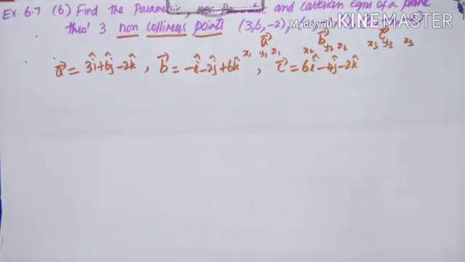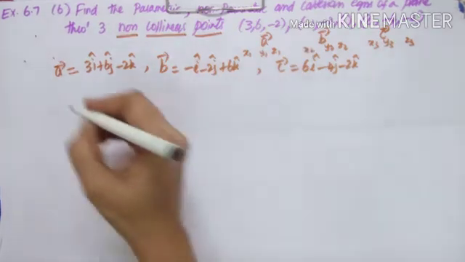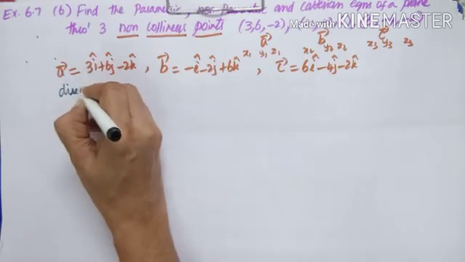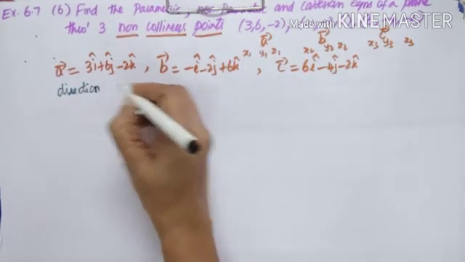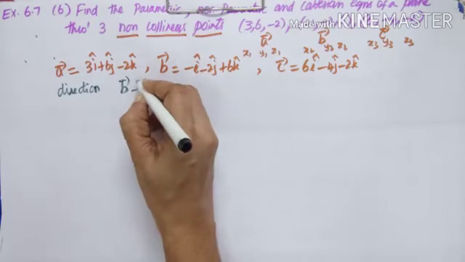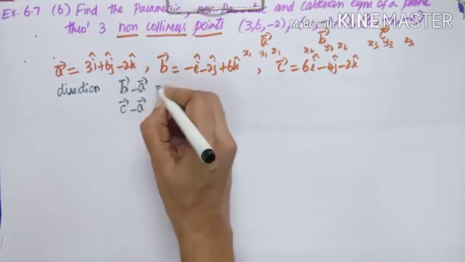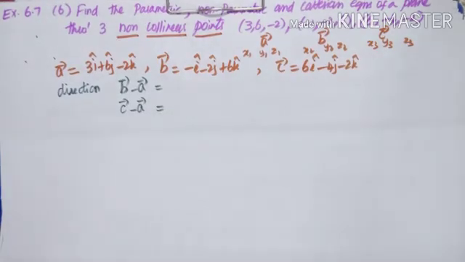Having known the 3 points, my main question is to find the direction. So how to find out the direction? This point let me keep as it is. So to find out the direction, I must find out B vector minus A vector, also C vector minus A vector. So let us subtract B vector minus A vector.